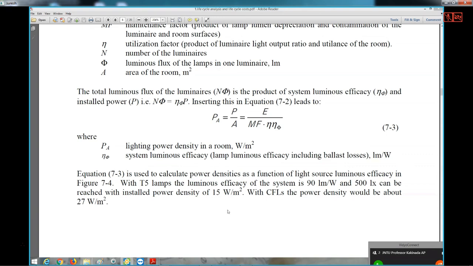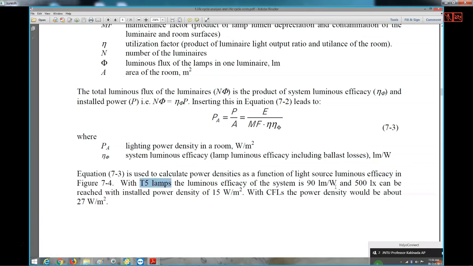So likewise, here we are going to calculate the power density, which is expressed in terms of watts per meter square, with the CFL lamp power density would be about 27 watts per meter square. So here we are having some comparison: T5 lamps with 90 lumens per watt and 500 lux are reaching the density of 15 watts per meter square, and CFL lamps are 27 watts per meter square.